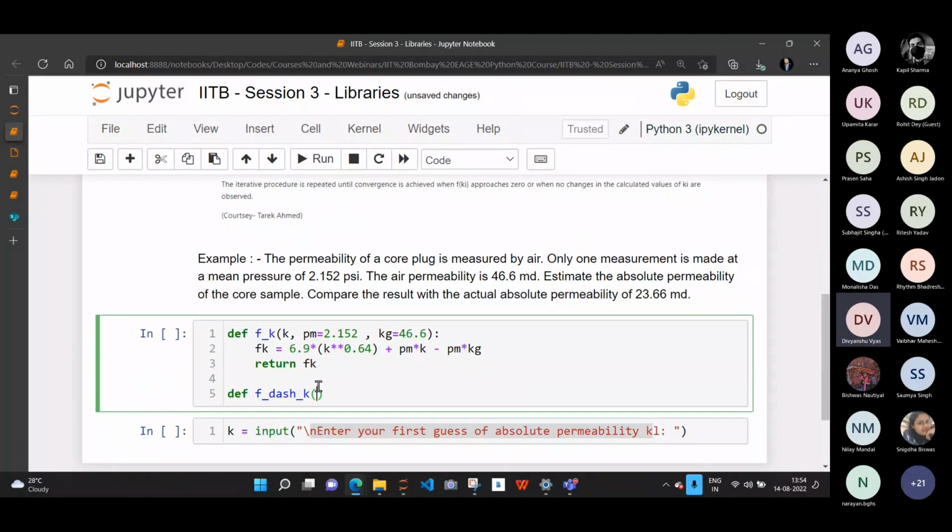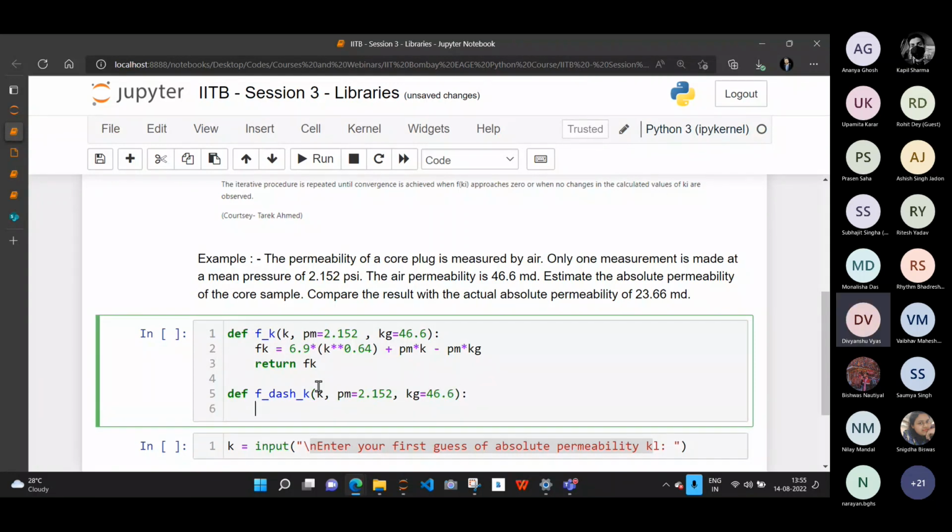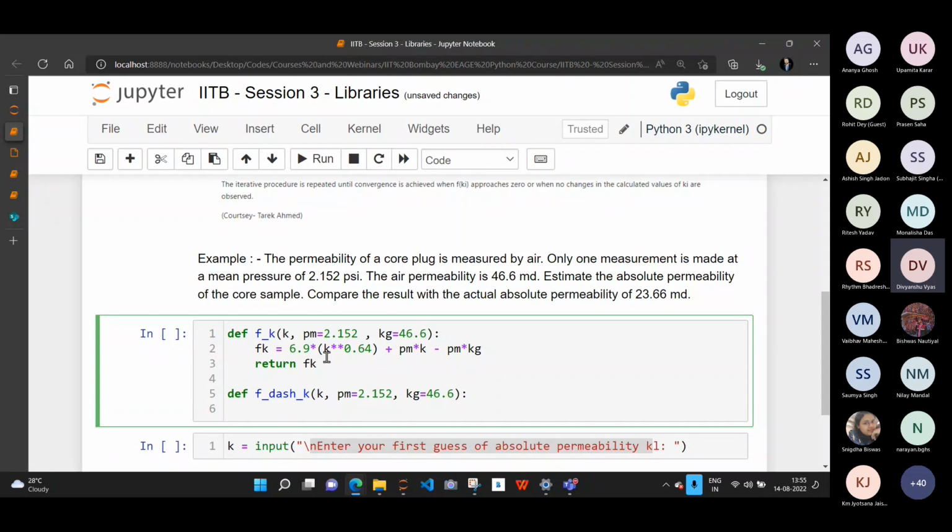So again, in this also we will need k as well, we will need pm as well, and we might not need kg, but just in case, we can also provide 46.6. Okay, I'm providing it as a default argument because these are supposed to be constants.